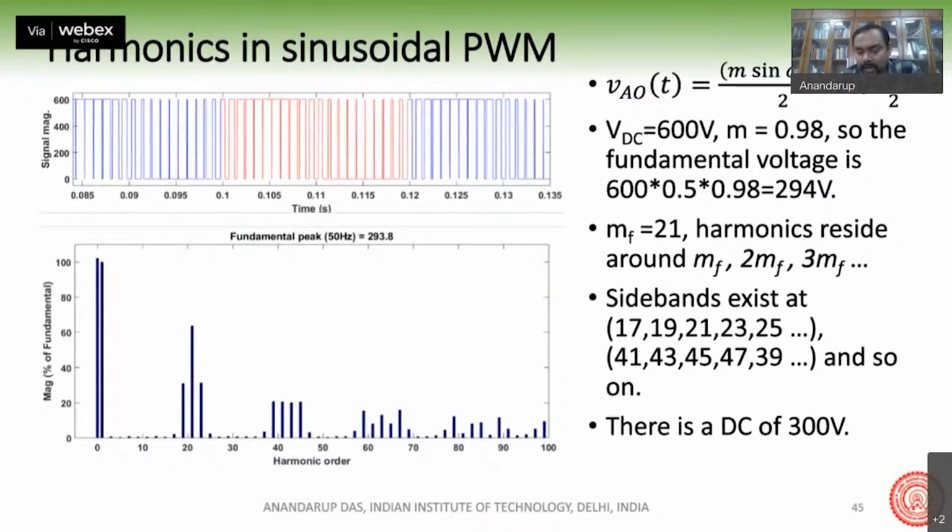If the harmonic is far away from the fundamental, then we can also place the corner frequency of the filter far away from the fundamental. If the corner frequency is high, then the size of the filter also reduces. This we have explained in the slides, in the lectures.